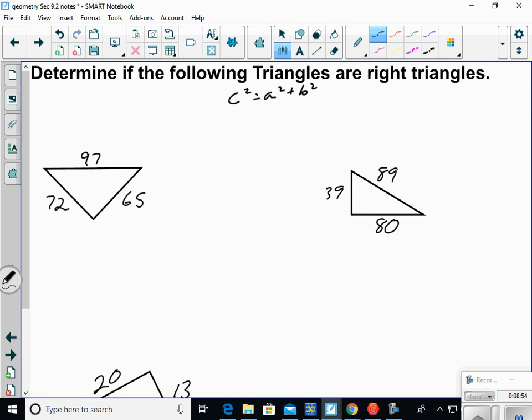So in this first one, the longest side is 97. 97 squared is going to equal the other two sides squared and added together, 72 squared plus 65 squared.